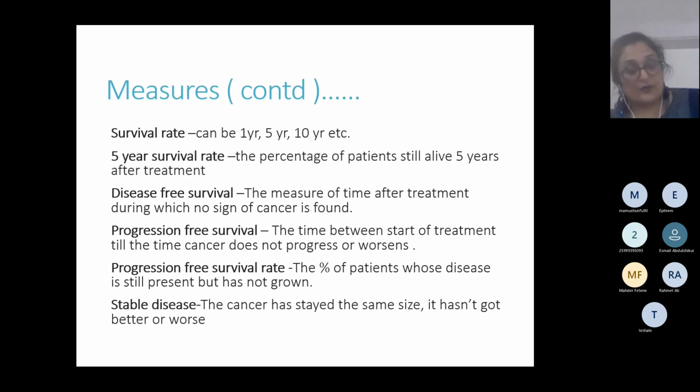Progression-free survival. From the name you can understand progression free. The disease is not progressing. It is the time between the start of treatment till the time the cancer progresses or worsens. That means you start the treatment and the cancer does not come back or does not progress or does not increase.